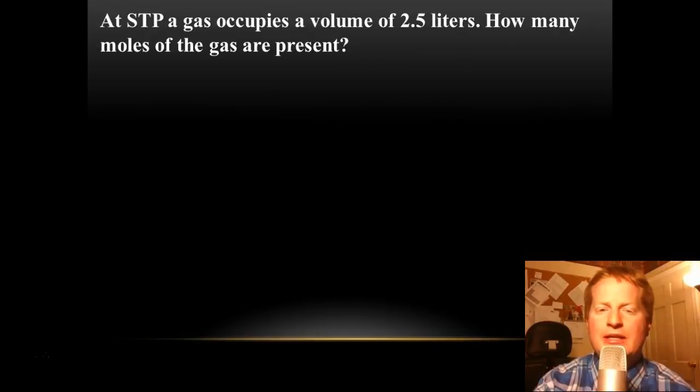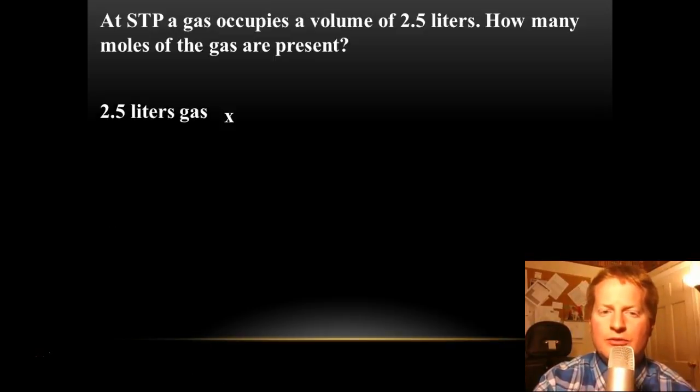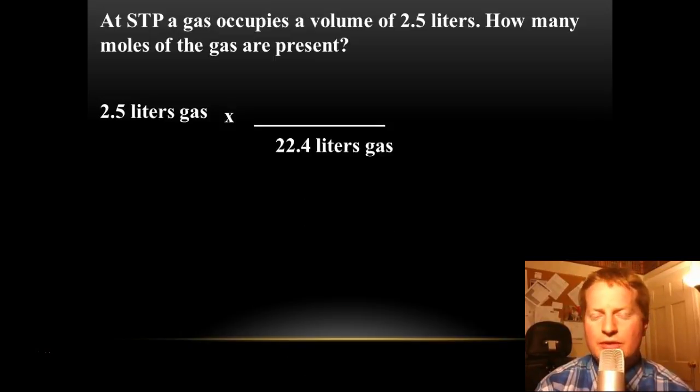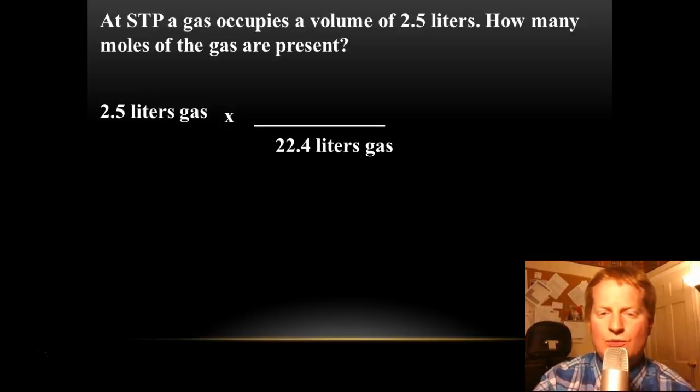Okay, so at STP, a gas, we're not going to bother saying which gas now, occupies a volume of 2.5 liters. How many moles of the gas are present? So we start with our given, 2.5 liters. Then we do our conversion factor. Again, we put our fraction that we're going to multiply by. We put liters on the bottom because we need to cancel that, and we know there's 22.4 liters of gas contained in 1 mole.